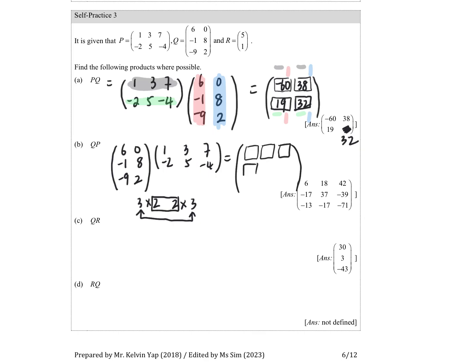Okay, this one should be a 3 by 3 for your final answer. Can you double check if this one is correct?